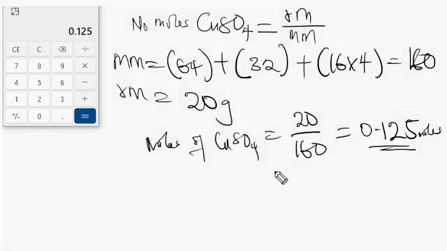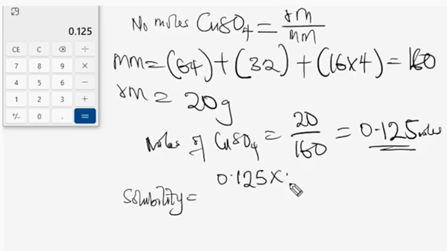Alright, so guys, now we've gotten the number of moles. The question actually says the solubility. So the solubility will be the number of moles times 1000 over the 100 grams.